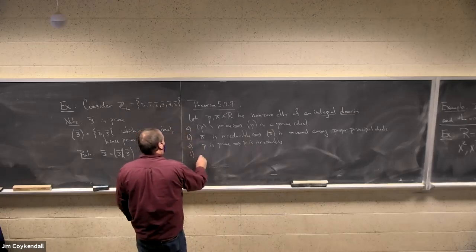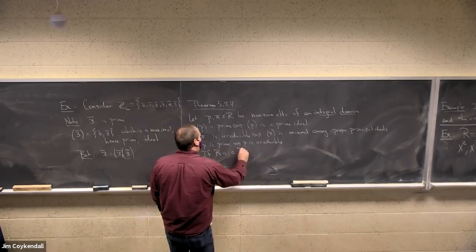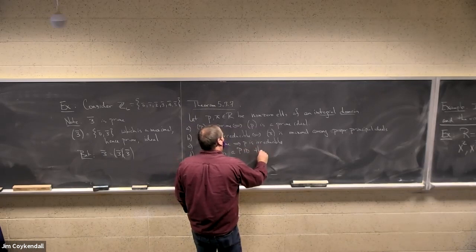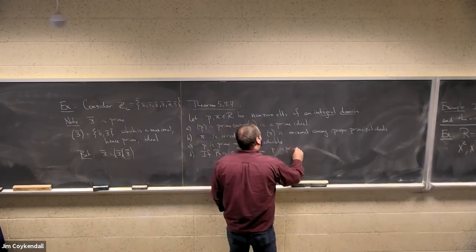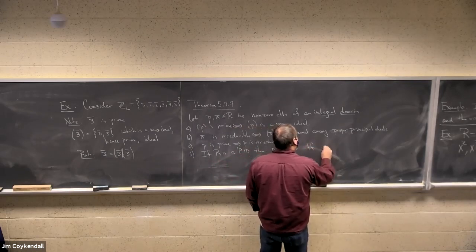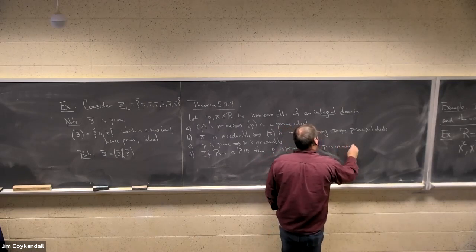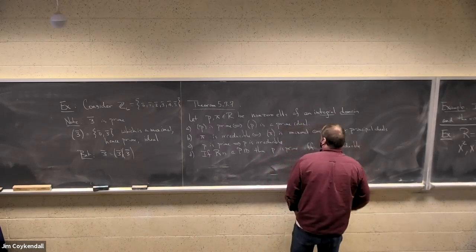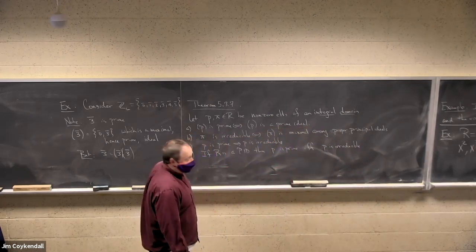D, if R is the PID, then P is prime if and only if P is irreducible. This only applies to non-zero primes.